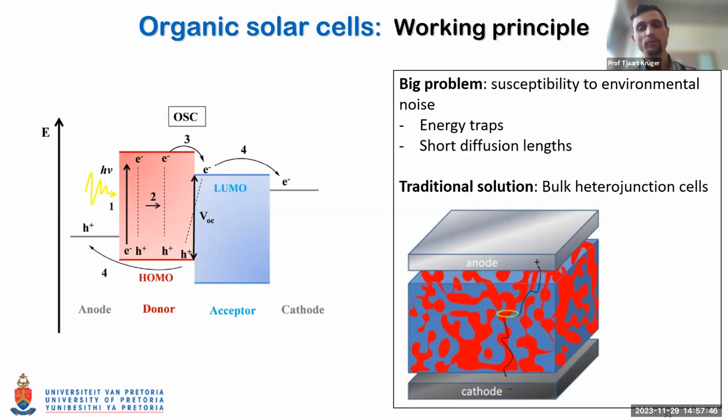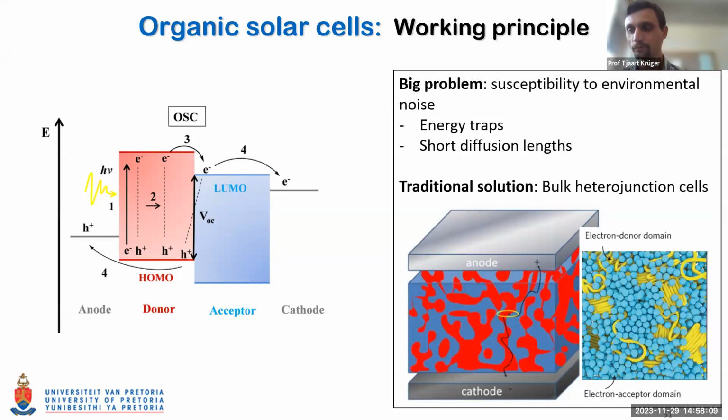So in other words, before it can meet an energy trap, charge generation can happen at an interface. Okay, so that's the main purpose of this interpenetrating network. In reality, it looks more like this, reminiscent of spaghetti bolognese, where the long polymers, the spaghetti, are the electron donors, and the small round molecules, the meatballs, are the electron acceptors.